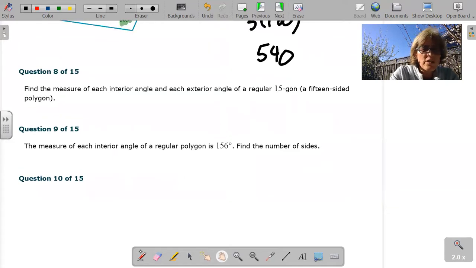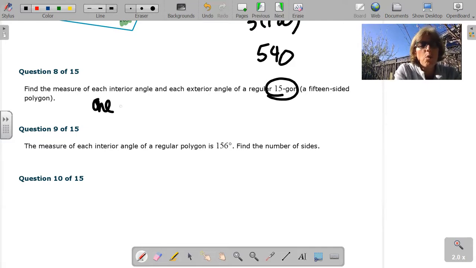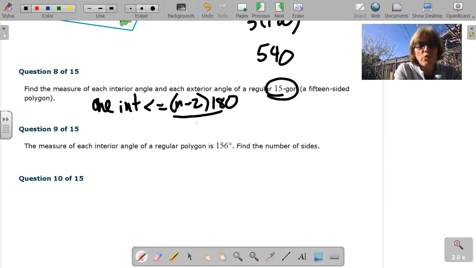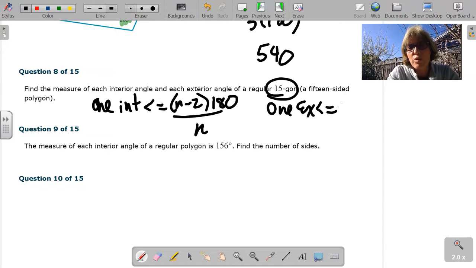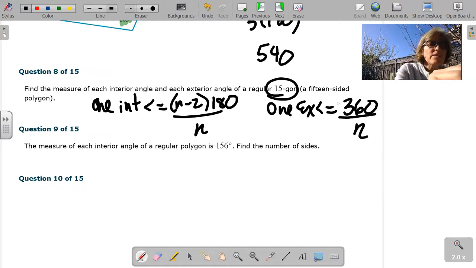Find the measure of each interior and each exterior angle of a regular 15-gon. So this is 2 equations. 1 interior angle equals sides minus 2 times 180 over sides, and 1 exterior angle equals 360 over n.